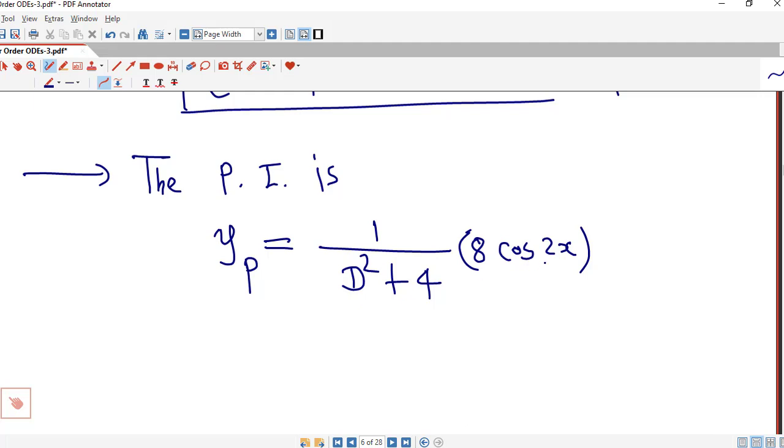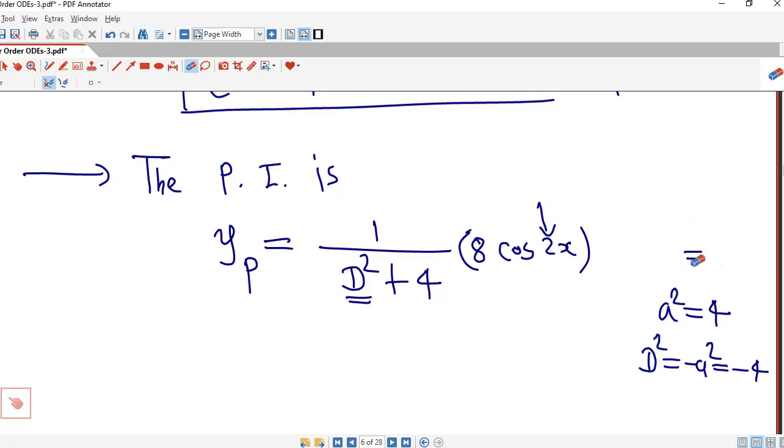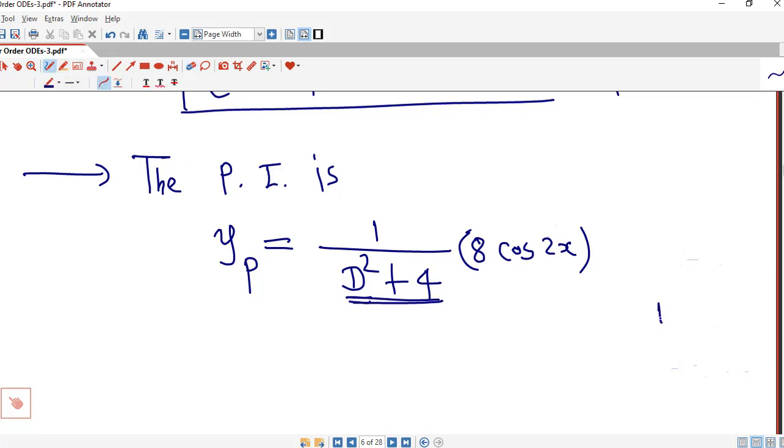Now here the coefficient of x is 2, so if we compare with cos(ax plus b), a equal to 2, so a square is 4, and we have to replace D square by minus a square, that is minus 4. But if we replace D square by minus 4, this will become 0. So here we will not replace D square by minus 4, because D square plus 4 becomes 0 if we replace D square by minus 4.